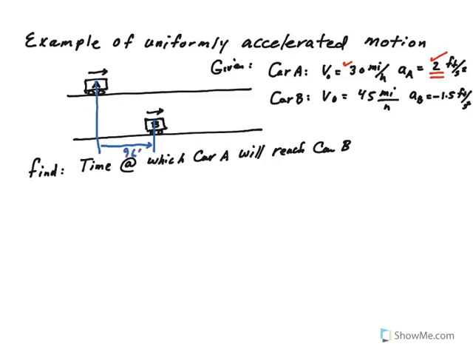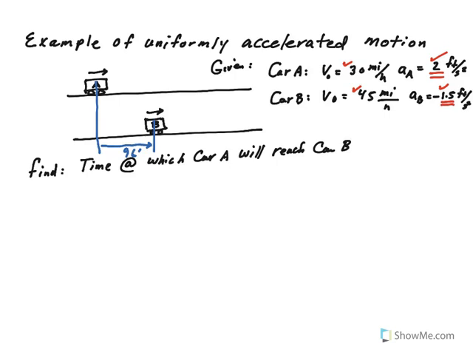So this is 96 feet ahead of car A. And at the given instant shown, car B has a velocity of 45 miles per hour, but the driver in car B is actually pressing the brakes and is decelerating at a constant rate of 1.5 feet per second squared.